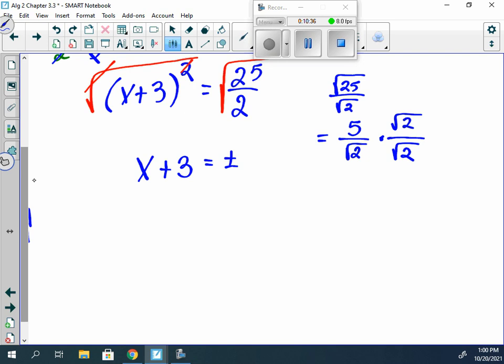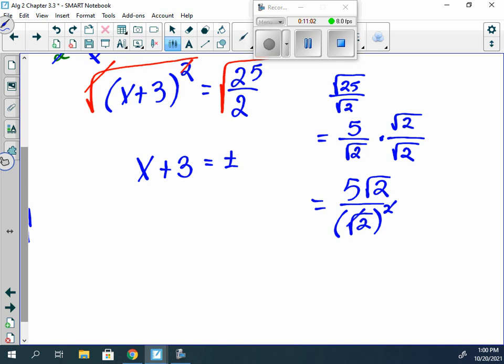So the numerator, it's just going to be 5 square root of 2. 5 times the square root of 2 is 5 square root of 2. They just multiply together. Now the denominator, we'll have the square root of 2 times itself. Isn't that the same as saying the square root of 2 squared?